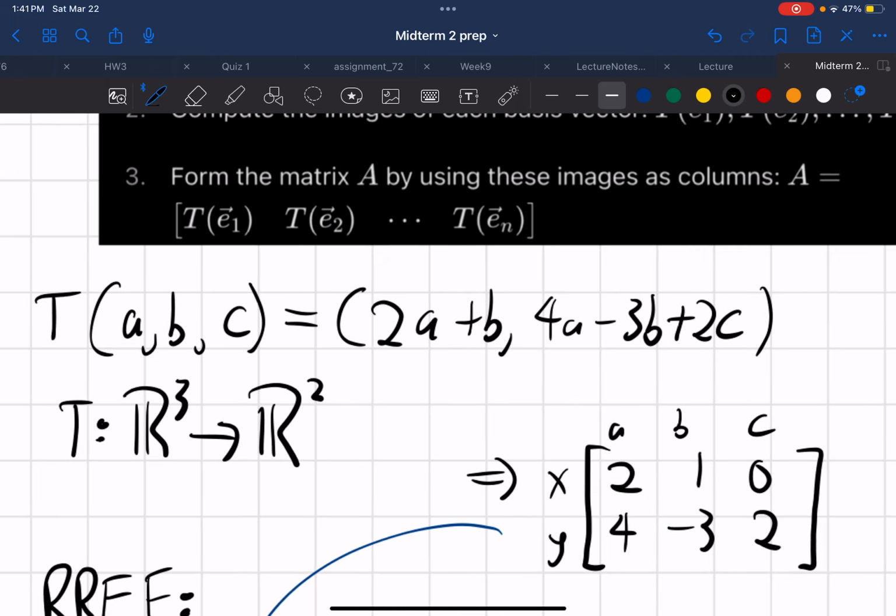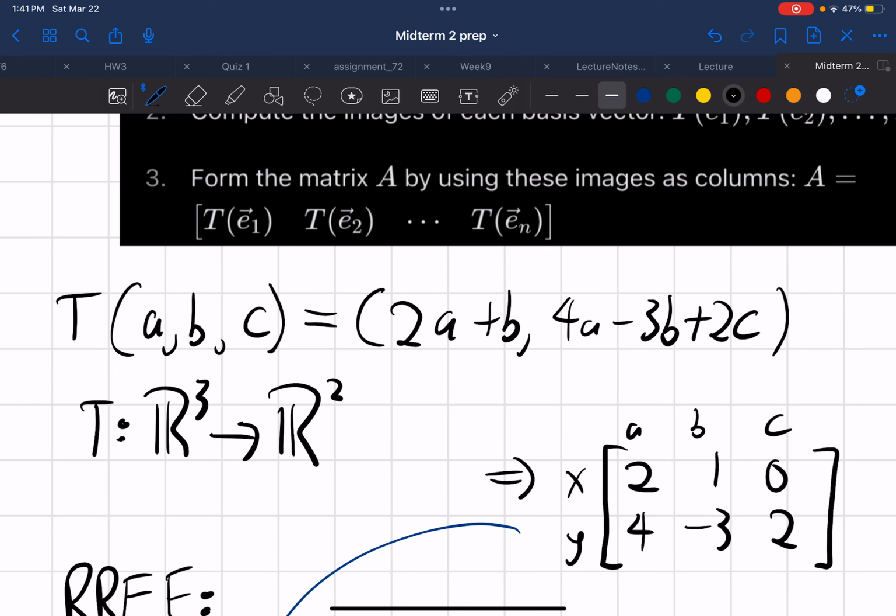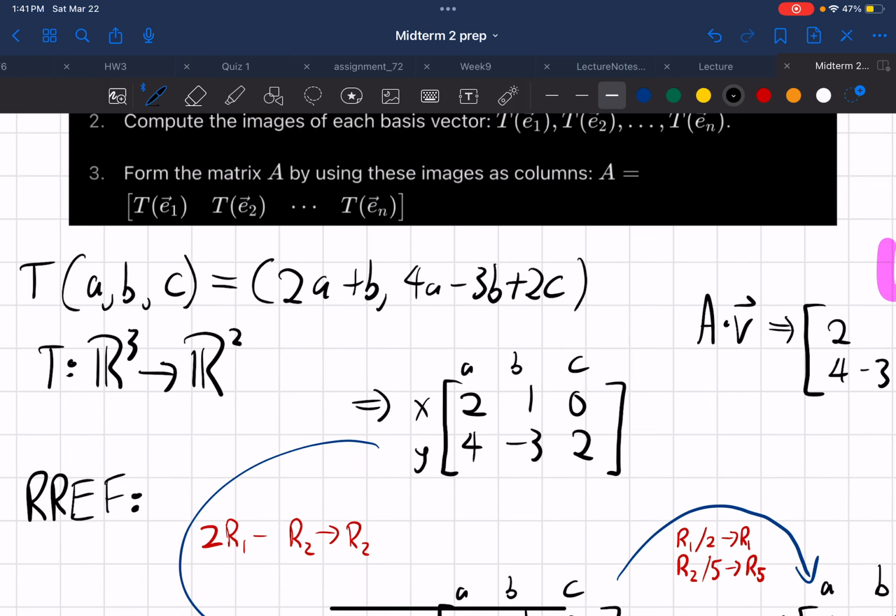Now, if we look at this in practice, say we have this linear transformation called T, which takes in input values of a, b, and c, and maps from R3 to R2. We can set up our standard matrix here by basically pulling out the coefficients.